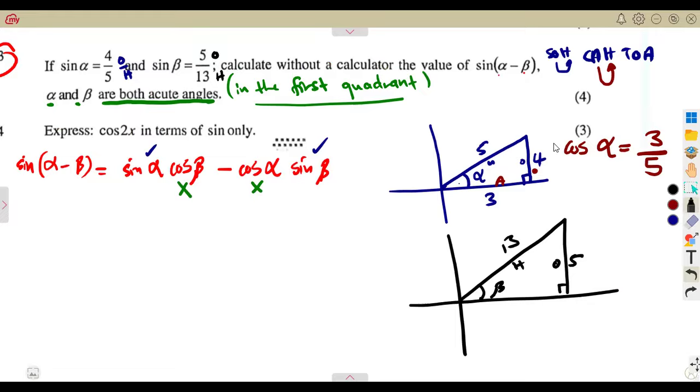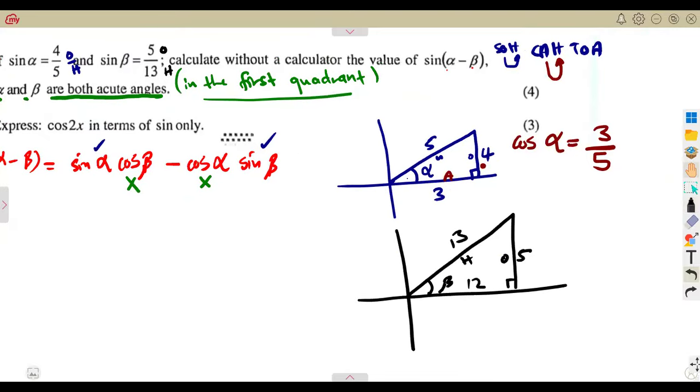So using your Pythagoras theorem, just like the previous case, you're going to calculate this side and obtain a 12. With this, you now have the cos of what? The cos of beta, adjacent over hypotenuse: adjacent, which is 12, over the hypotenuse, which is 18.